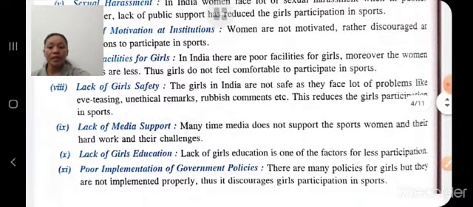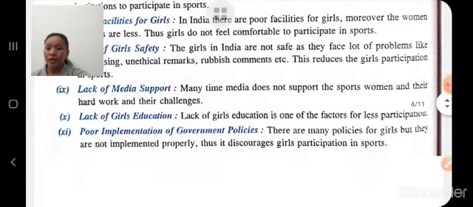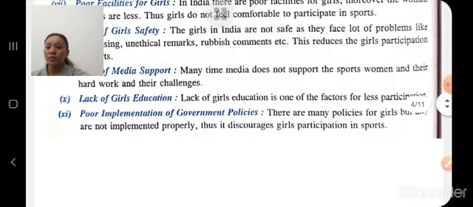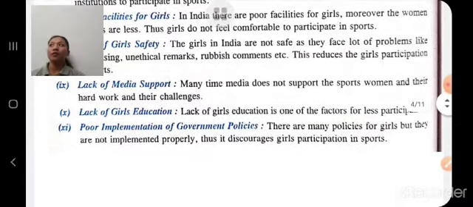Lack of media support. Media also does not support women. Lack of girls' education. Education is also a factor for less participation. Poor implementation of government policy. There are many policies for girls, but they are not implemented properly. Thus, it discourages girls' participation in sports, as does lack of training.